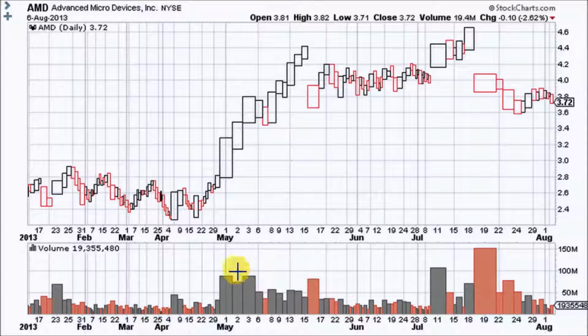It's the widest, it's the tallest, and then you have three in a row, and then here on the gap down on bad news or bad earnings, you have the biggest, widest volume bar of them all, the tallest and the widest. Okay, so people did not like the news that day.